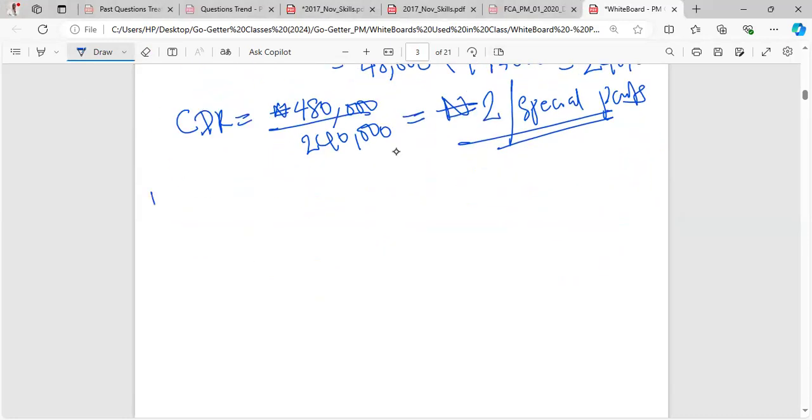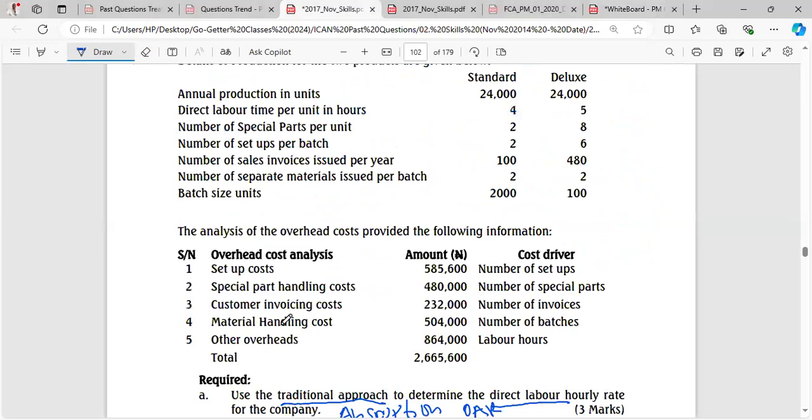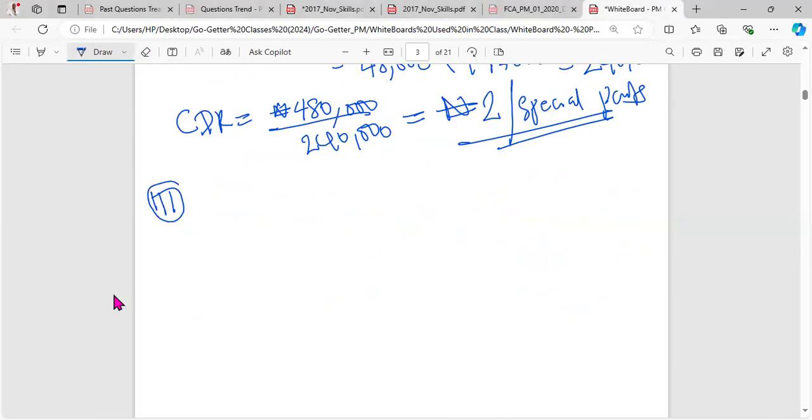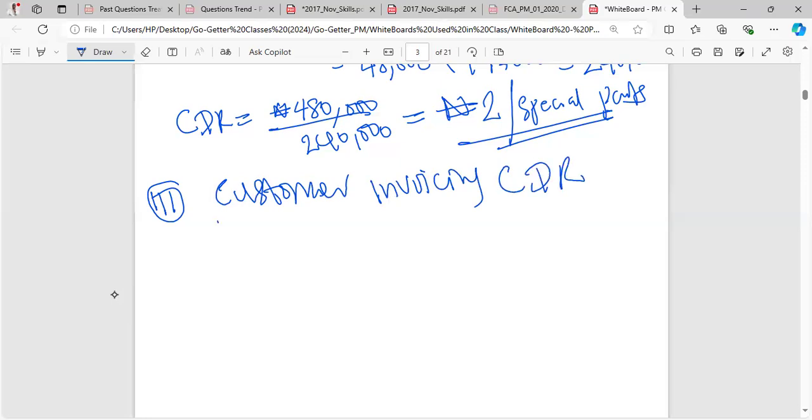All right, so the next one is number 3, which is customer invoicing costs. So we'll say customer invoicing cost driver rate.